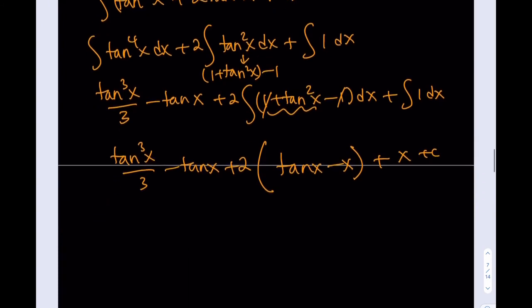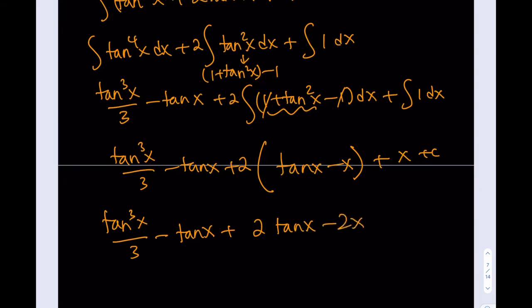Beautiful. Let's simplify this now. Tangent cubed x over 3 minus tangent x, plus 2 times tangent x minus 2x. We're going to be getting a 2x there, plus x, plus x. And we forgot to write one thing here.